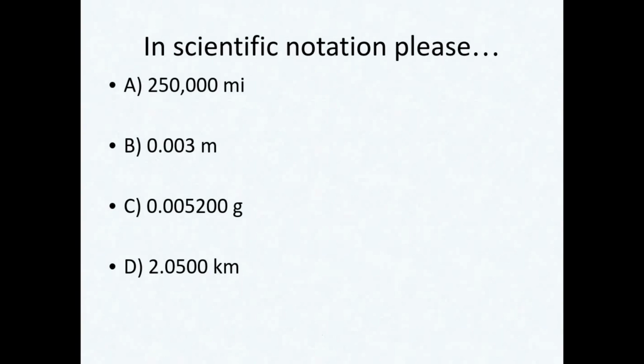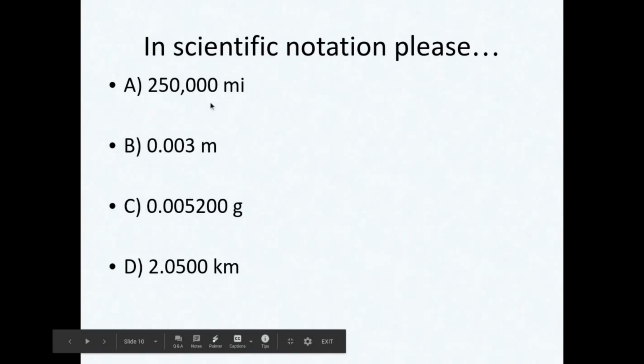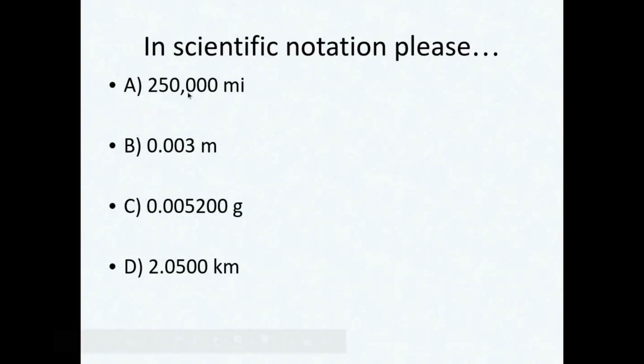So in scientific notation, if we look at these values, 250,000 miles, we would move the understood decimal over 1, 2, 3, 4, 5 times, and that would give us 2.5 times 10 to the 5th.